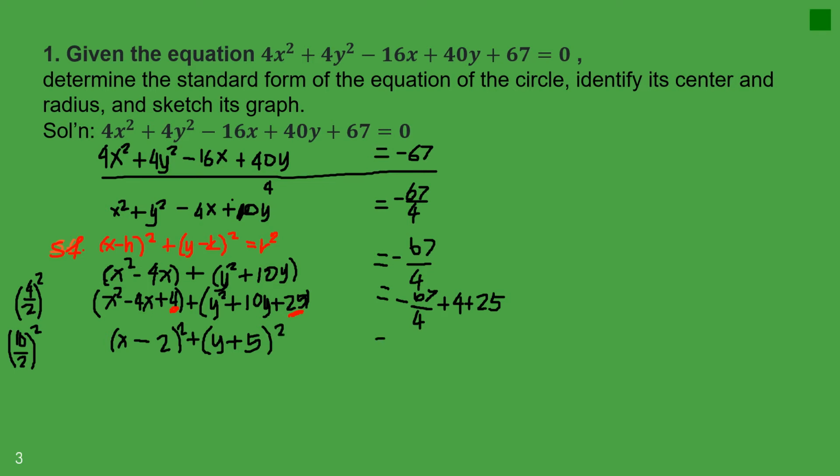And we simplify the other side of the equation. This now is equal to 4. So we have negative 67 plus 16 plus 100.